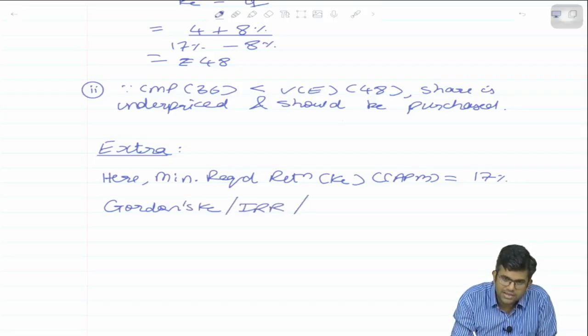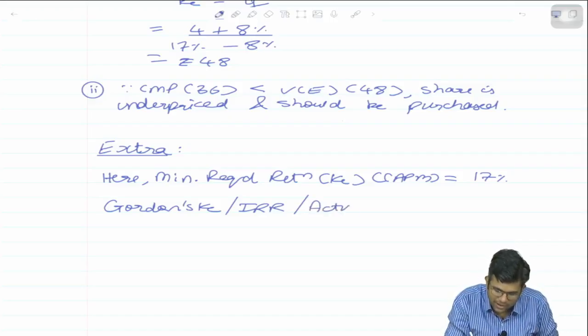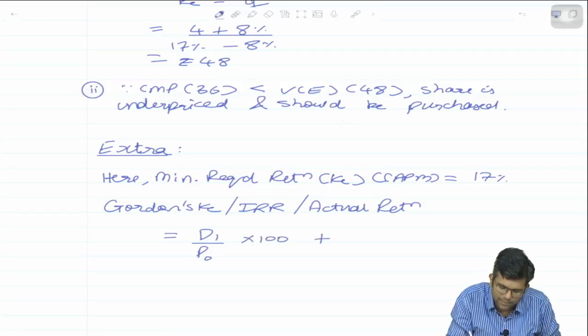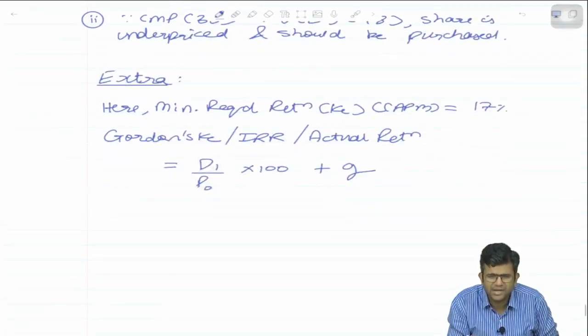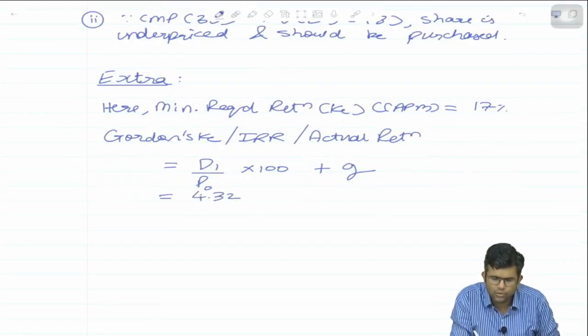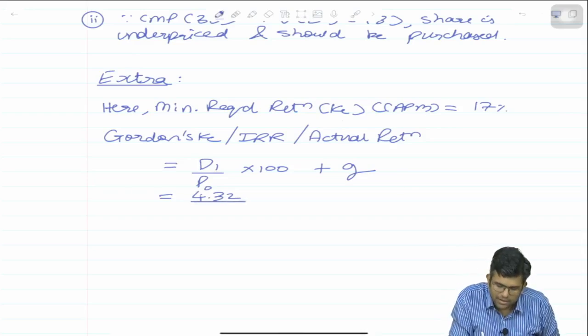Yesterday I taught you this, Gordon's KE is the IRR. It is the actual return from the share. It is D1 upon P0 into 100 plus g. This formula everyone remembers? D1 upon P0 plus g. Your D1 is 4.32, 4 plus 8%, that is 4.32. P0 I am taking 36, actual price, into 100 plus 8%.